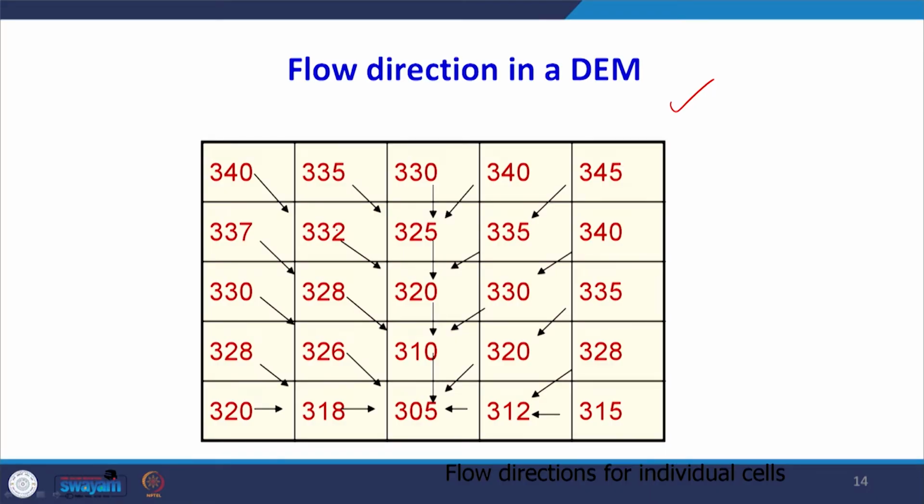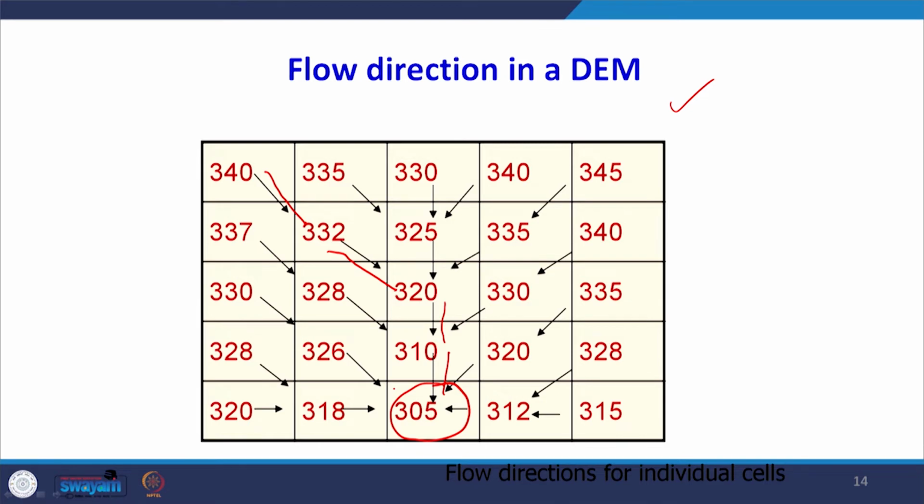So water would go into the cell with the value 332 from the first cell, and then it will go to the cell where the value is written 320, and then from 320 it will go down to 310, and from 310 it will go to 305 in the southern direction. So if you see that cell by cell analysis for the entire grid, you will find that ultimately the water is collected at the pixel whose value is 305 from all the surrounding cells.